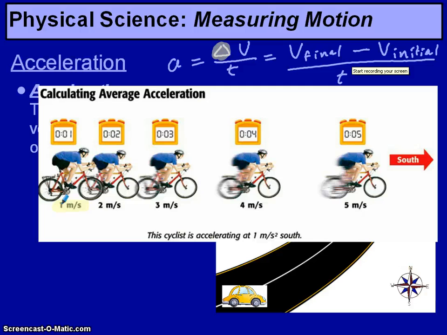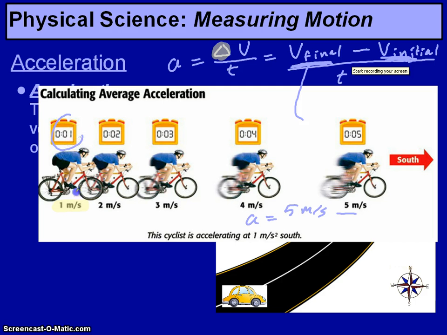Now, if we were to figure out what the acceleration is, we take a little formula: acceleration equals the final velocity, which is this one right here, 5 meters per second, minus the initial velocity.